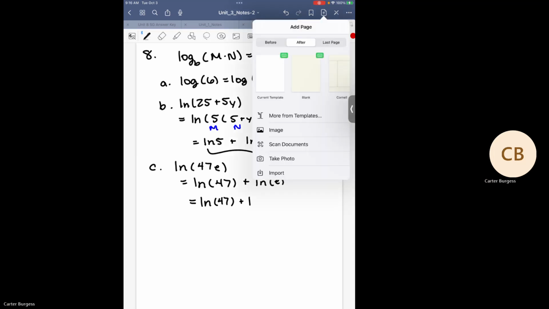All right. Let's take a look here at 9. So we are trying to figure out how to expand ln of x squared times the square root of y over 12yz plus y.